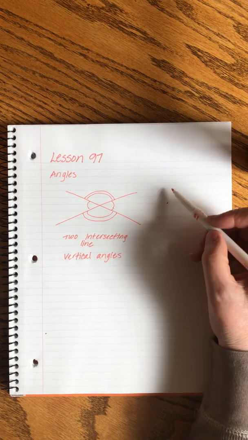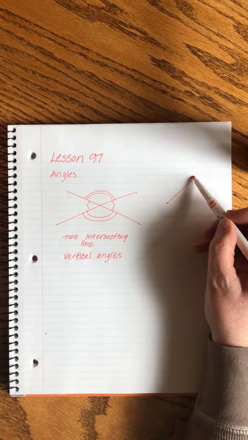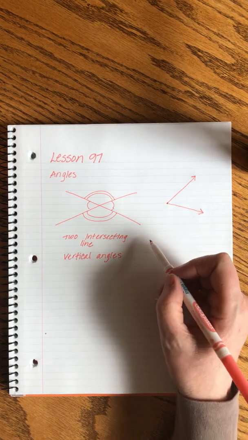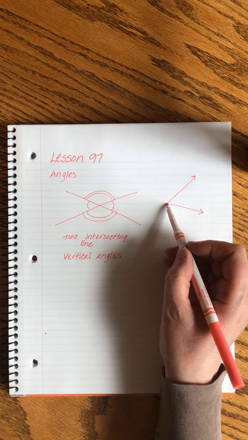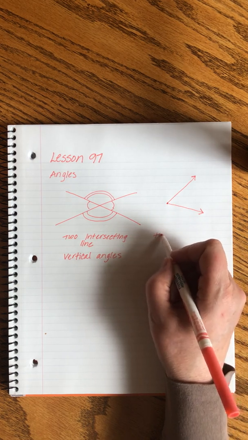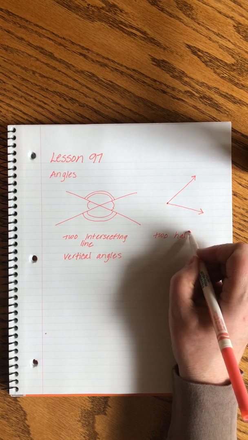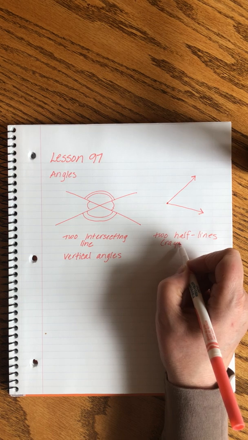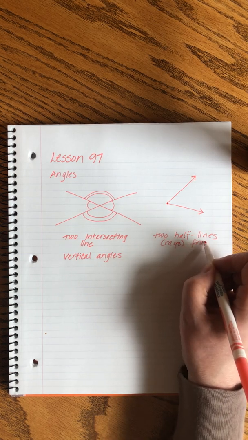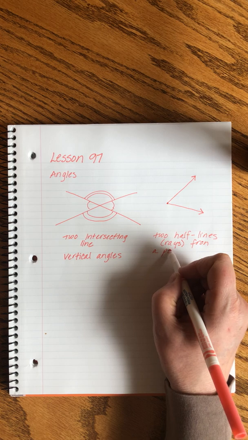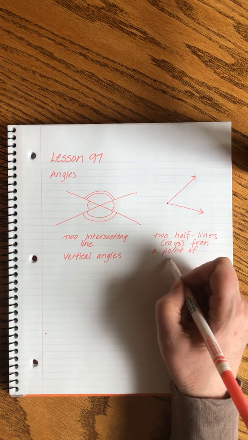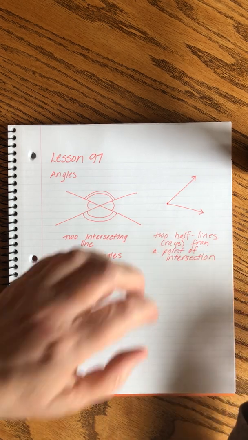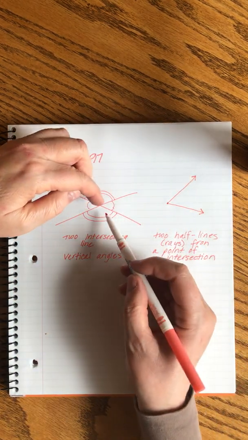Another way is to think about two half lines, or rays, if you will, being connected from a point of intersection. So this is two half lines. It's easy to see how you could take this and put it right in here, right?